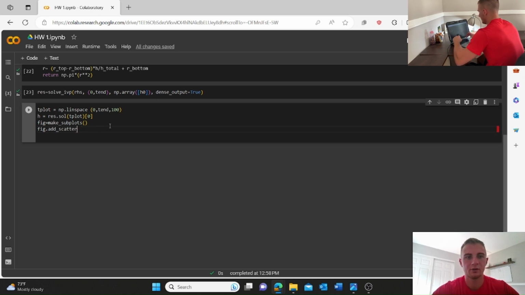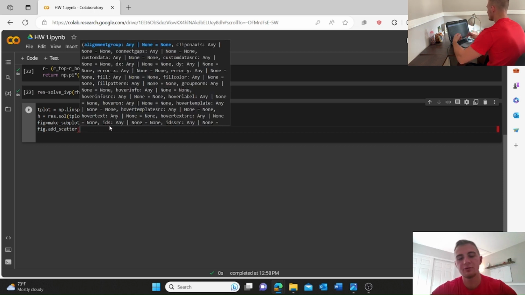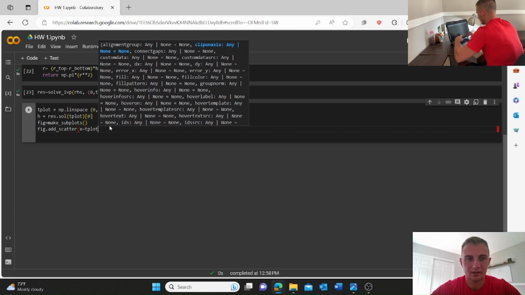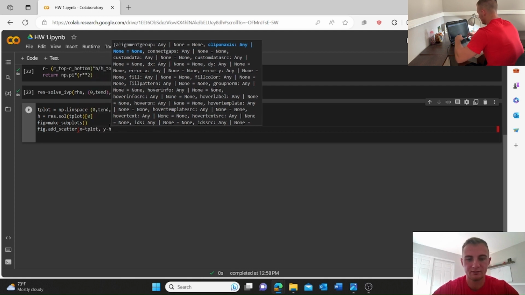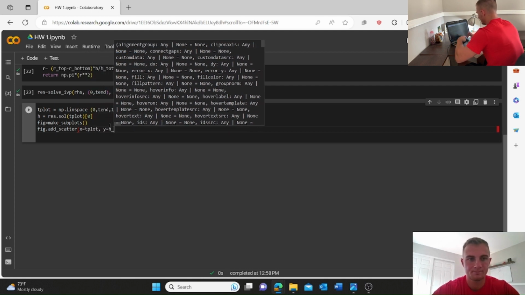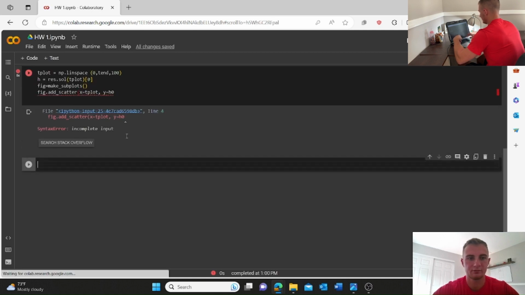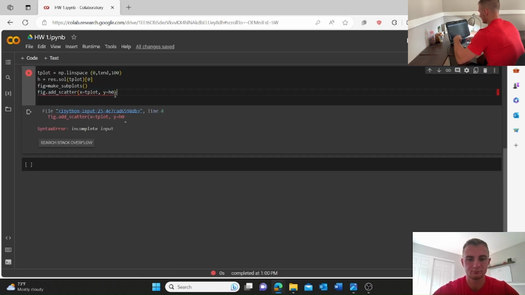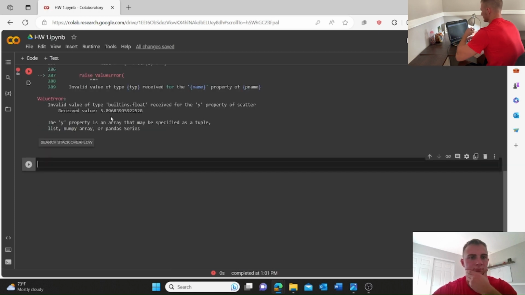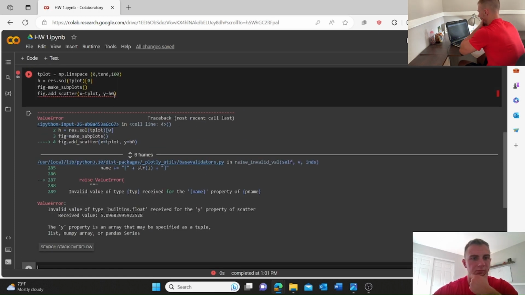We'll have our x values be our tplot and y as the height to see that rise. And well, actually let's see how it looks. Oops. Oh, that's not right.